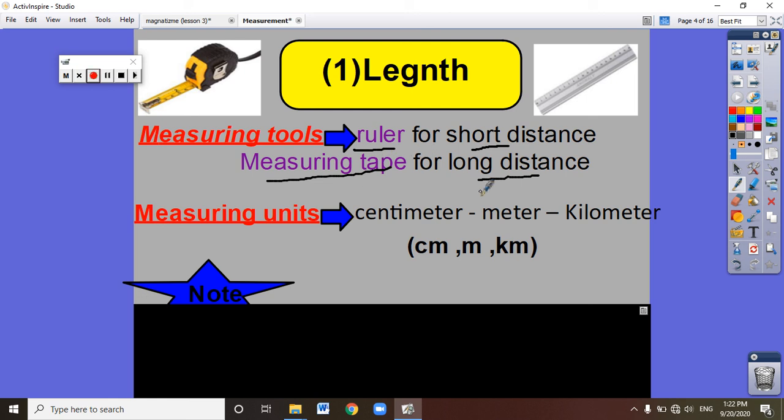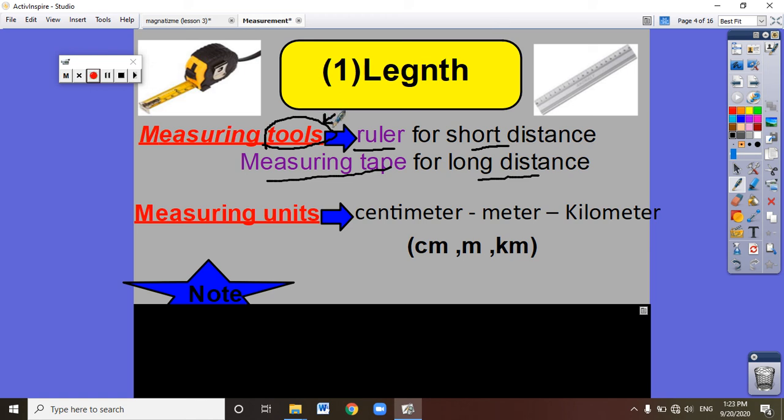What is the meaning of measuring tools? Measuring tools of length, mass or temperature are the objects that are used to measure. I use the ruler to measure the length. I use the tape to measure the length. That's the meaning of tools.